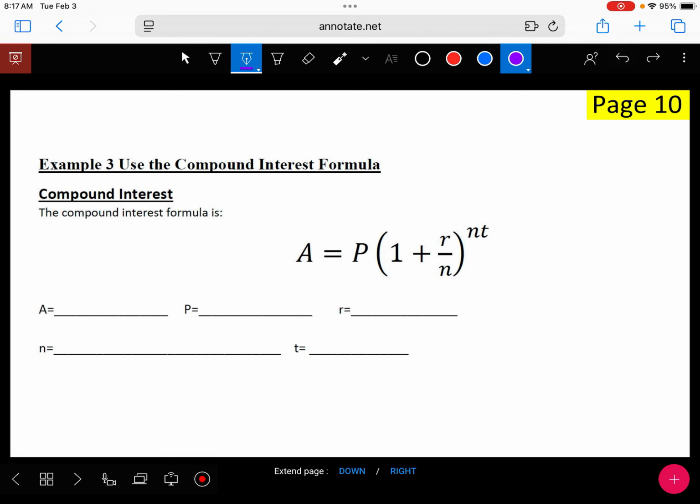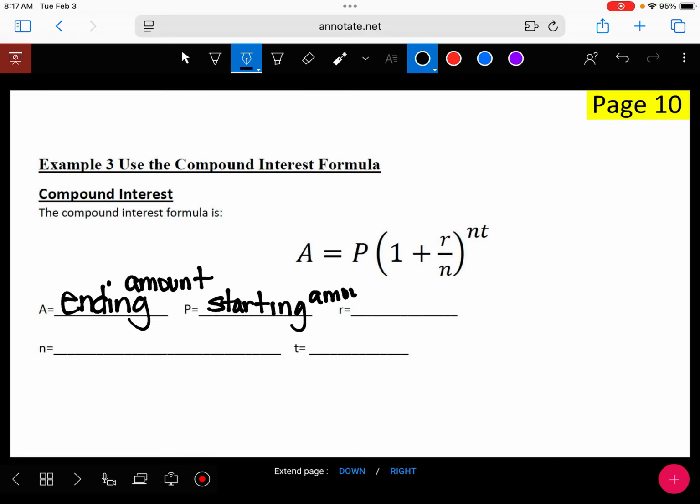All right, so just like before, A is your ending value, ending amount, I should say. P is your starting amount. R is still your percentage, but you have to put that as a decimal.